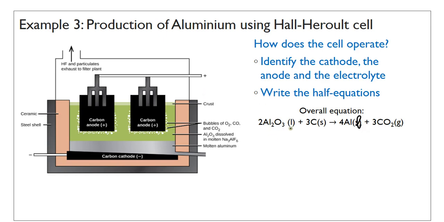Another thing that I could do, because this is liquid, is dissociate the ions: 4Al3+, 6O2- liquid plus 3C going to 4Al liquid and 3CO2. I'm splitting the ionic compounds into its ions. I'm allowed to do it because it's liquid.